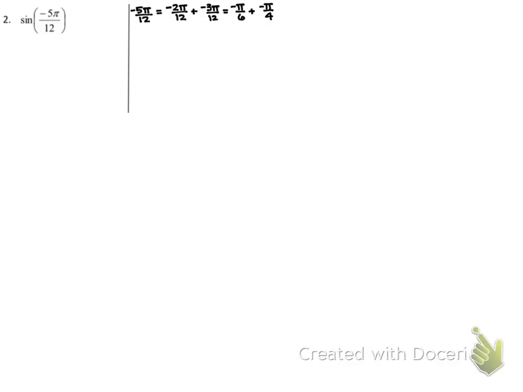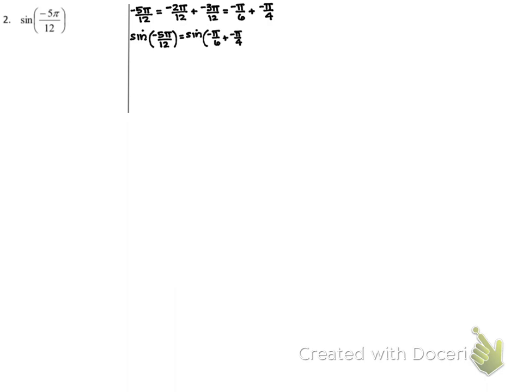So if I want to do sine of negative 5 pi over 12, I am going to turn that into sine of, and the 2 that I chose was negative pi over 6 plus negative pi over 4.